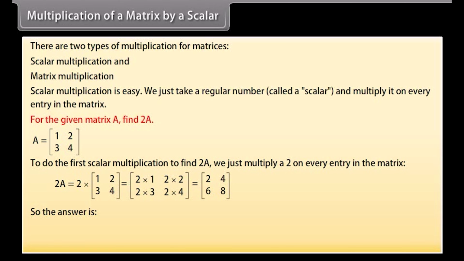So the answer is 2A is equal to matrix row wise, first row 2, 4, second row 6, 8.